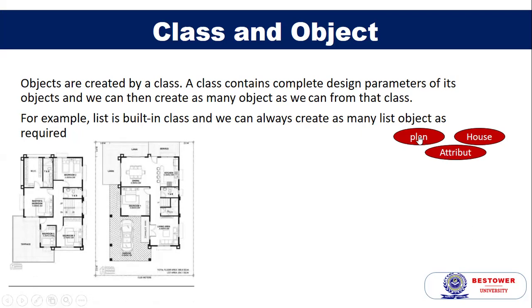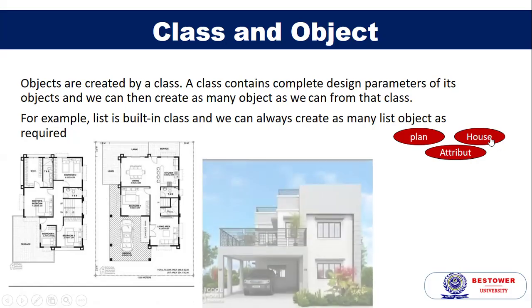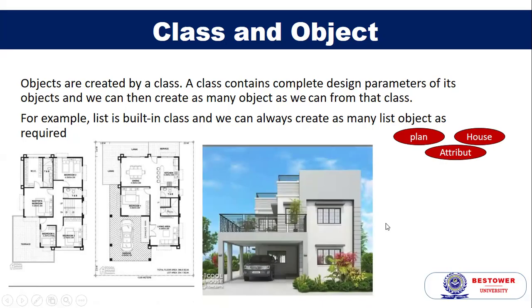This is the plan of a house. Once you've gotten this plan, after building this house, we can get exactly what is coming from this place. And this is the house now, right?